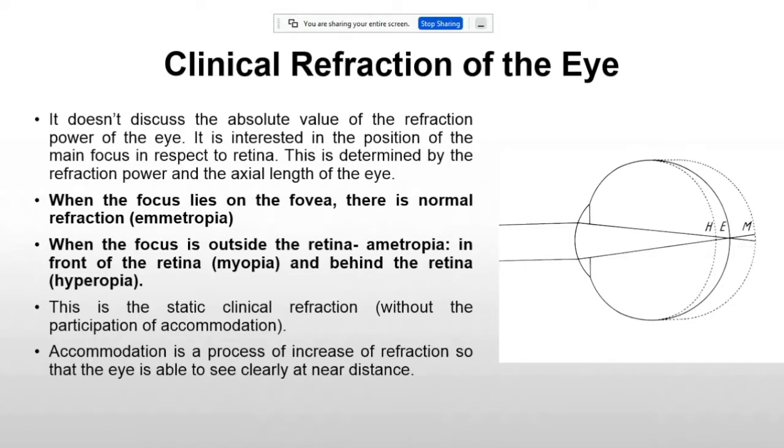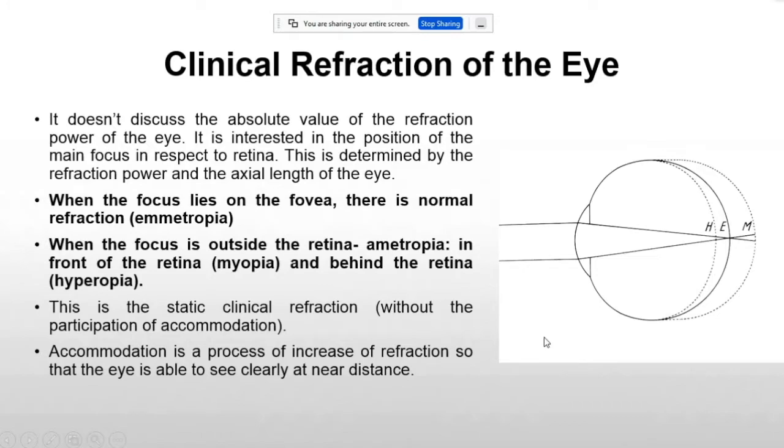I saw some Greek names among you, so there are Greek students, and this comes from the Greek language. And when this focus is in front of the retina, so if the eye retina is here and the focus is in front of the retina, we have myopia. And if the focus is behind the retina, we have hyperopia.